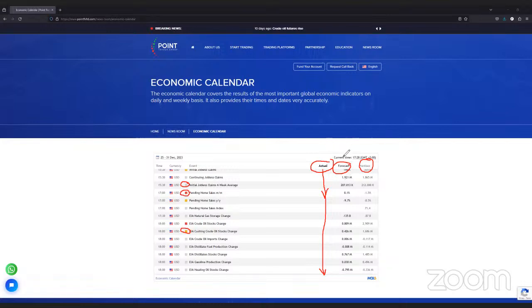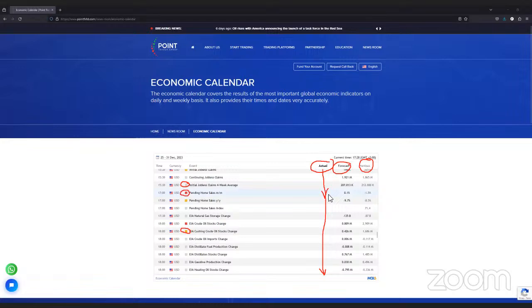And the last thing is the previous. This is what we're going to be comparing with when it comes to the actual.